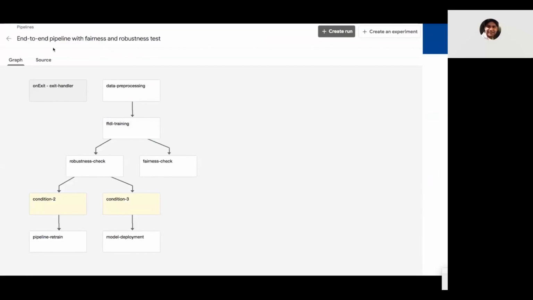So you can create end-to-end pipelines with fairness and robustness included in them. So as you are doing the training, for example, using Fabric for deep learning, right after that, you can use robustness check and fairness check using ART and AI Fairness 360. And if one of the tests is not passing, you can actually retrain and rerun that whole pipeline after taking corrections.